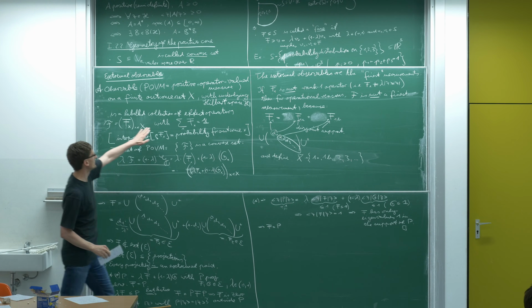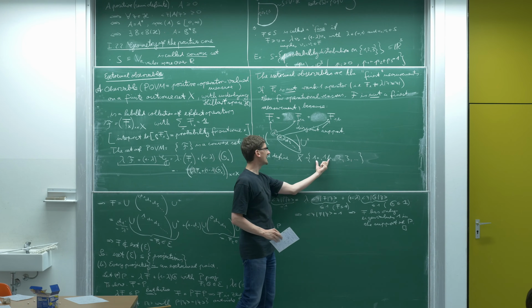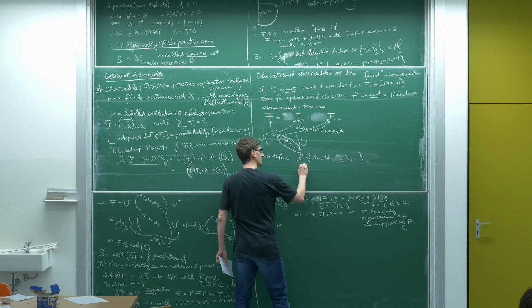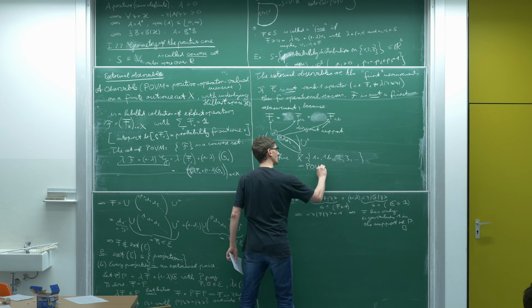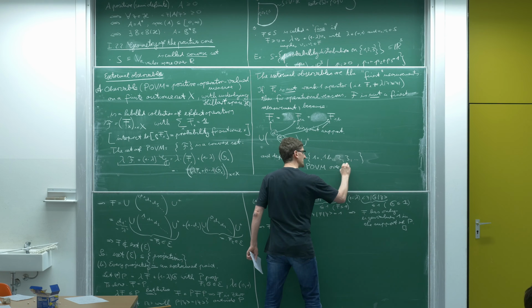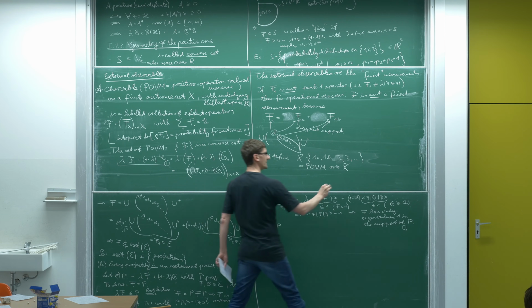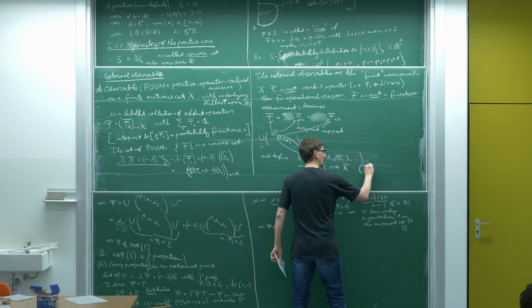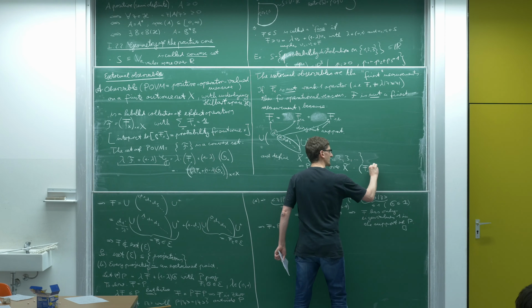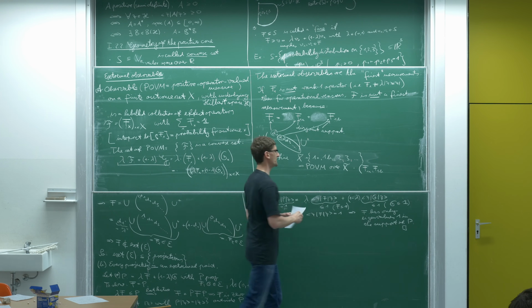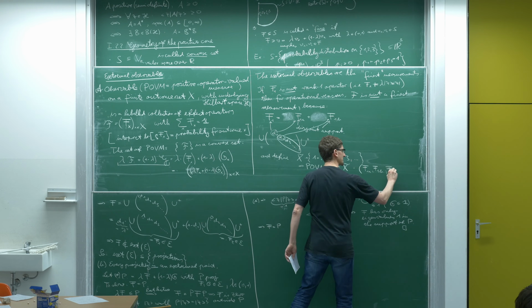We enlarge the original set by one label, and so we have a POVM over this other outcome set X tilde, which is just the POVM F1a, F1b, these operators which we have defined here, and we leave all the other operators the same.